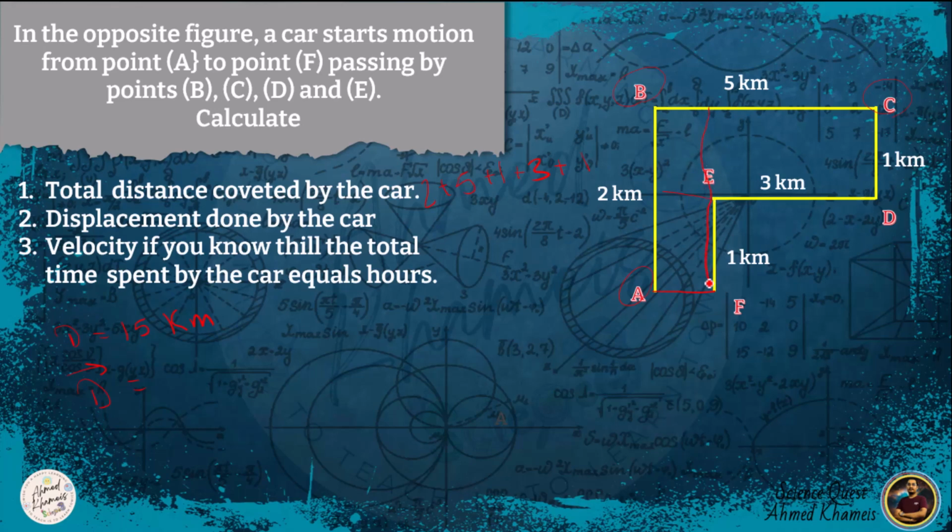We only need to take this line from A to F, which will be 2 kilometers in the west direction.